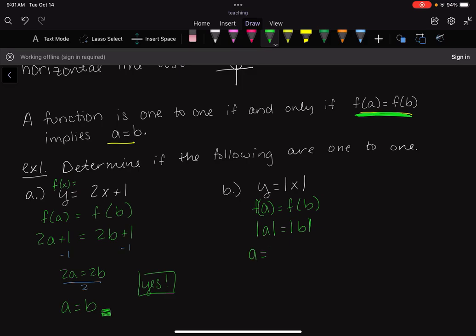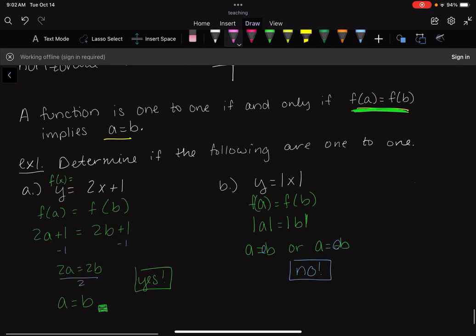You can have a equals b, or you can have a equals negative b. That's coming back all the way from 1.6 when we did absolute value functions. Since the signs are different here, we would say no, this is not one-to-one. Also, if we were to graph it, it does not pass the horizontal line test.